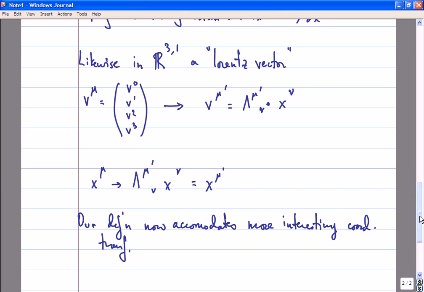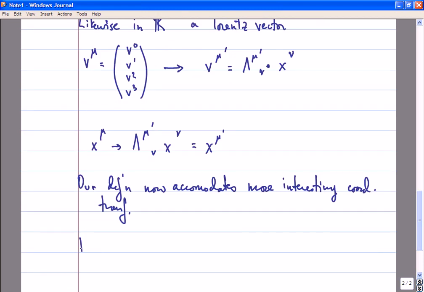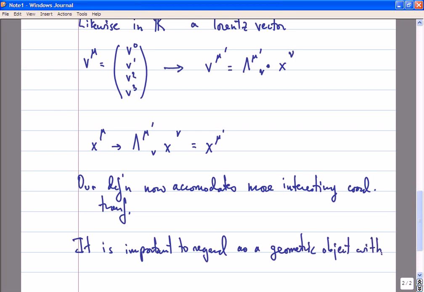And as I said before, what I really want you to do is learn to think of a vector as a geometric object which has some sort of intrinsic geometric meaning independent of any particular coordinate system. So it's a geometric object whose form will just look different in different coordinate systems.